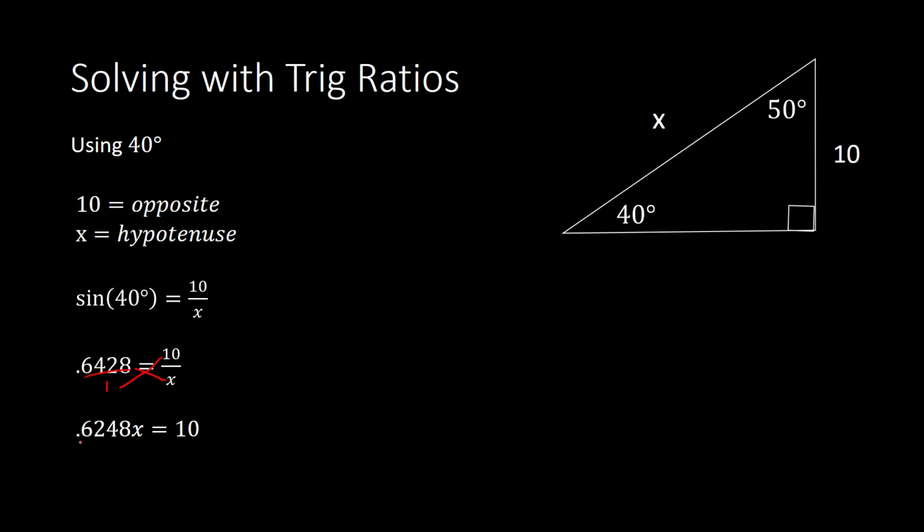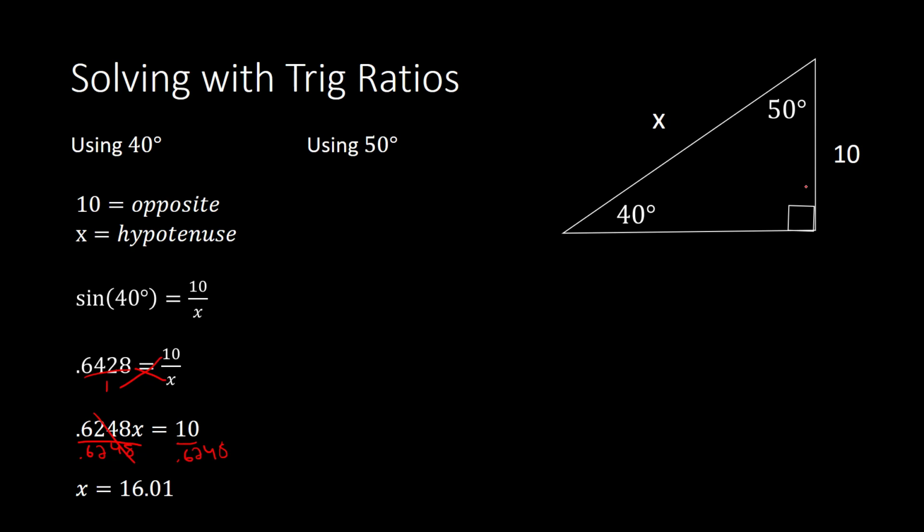And then to solve for x, I can divide both sides by 0.6428. And then I would get x on the left side, and then 10 divided by 0.6428 on the right side, which would equal 16.01.